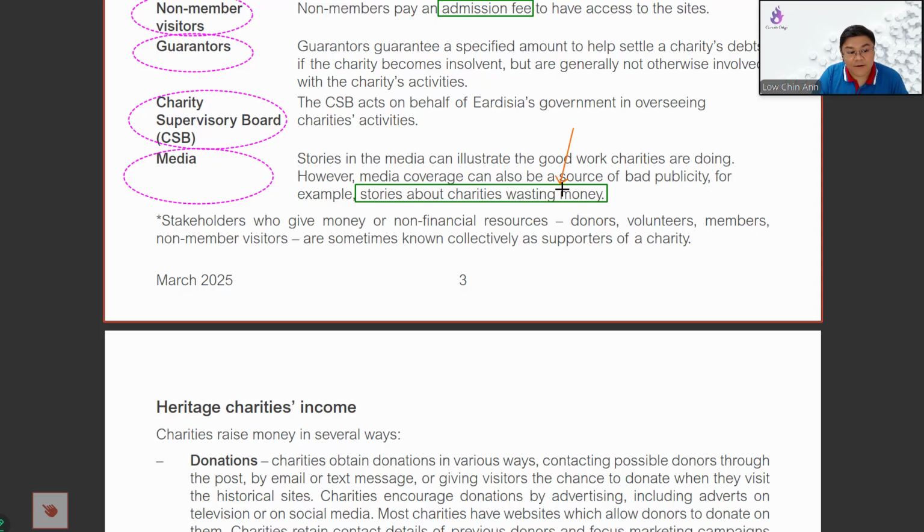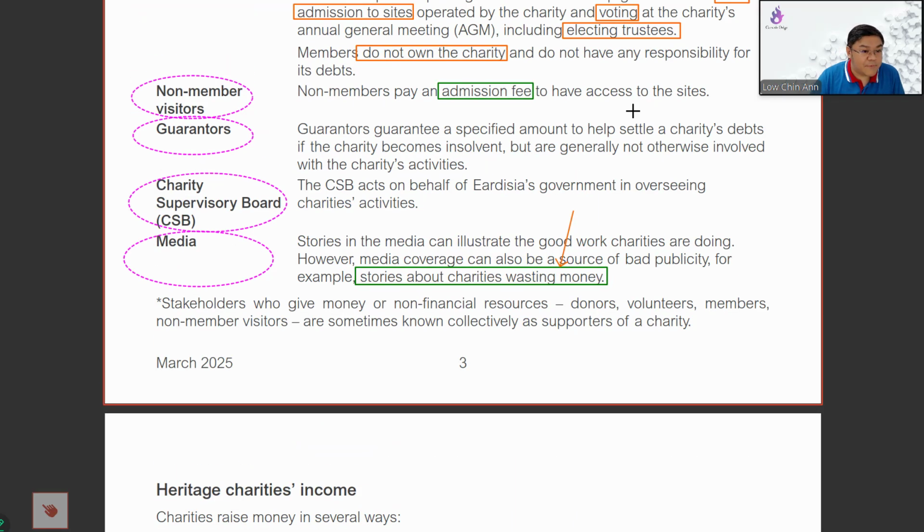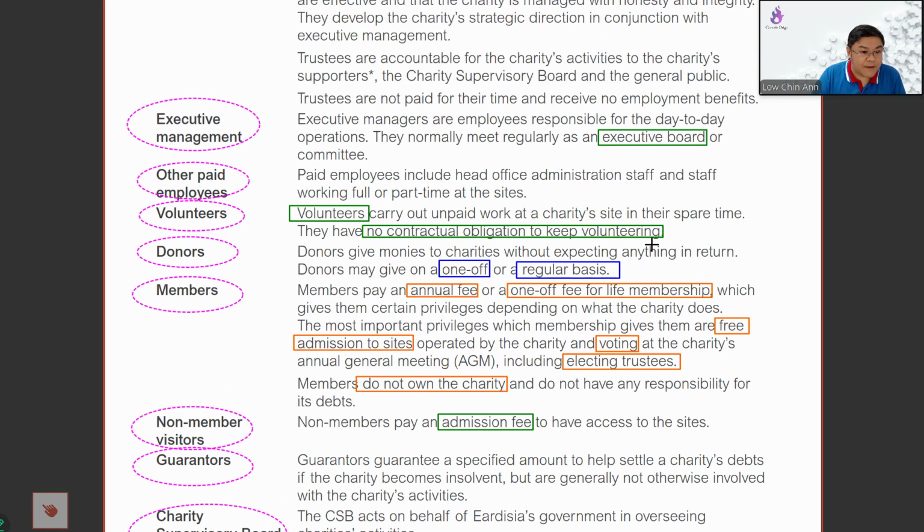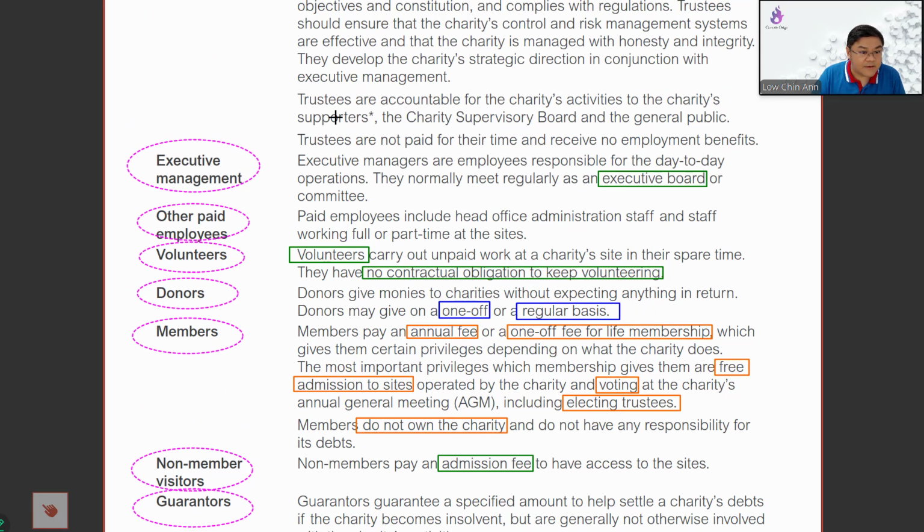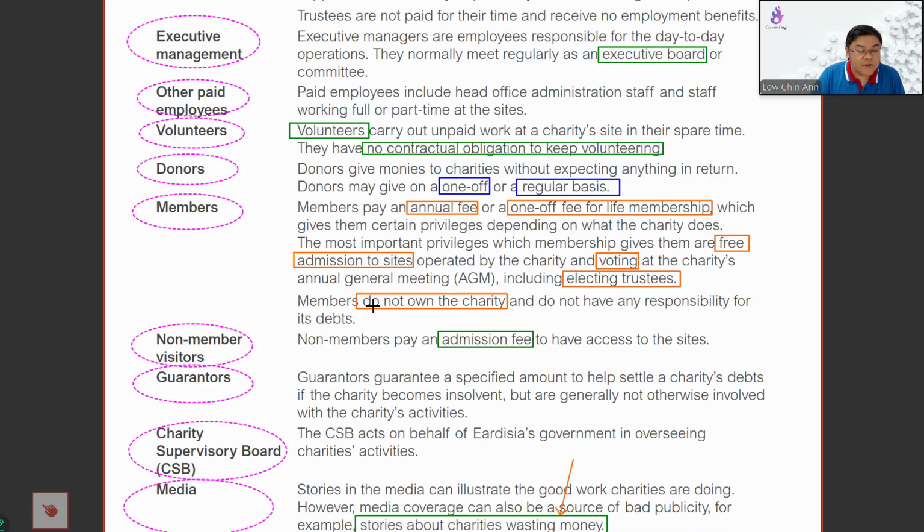And like I said just now, the control aspects of the charity can come in as very relevant aspects of these questions.